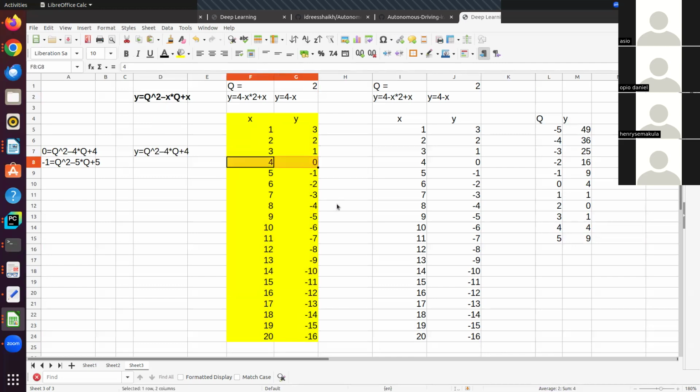Fair enough? If I know this is the relationship between y, x, and q, and I know that when I plug in x to be 4, y must be 0, I can put the 0 here in the y, and I put the 4 here. What is the solution for q? It's 0 equal to this equation. Let me copy that here.